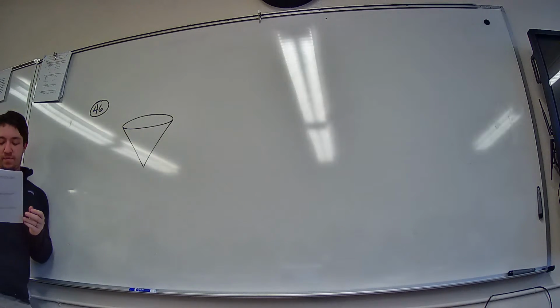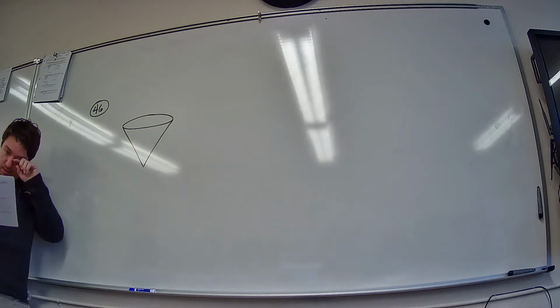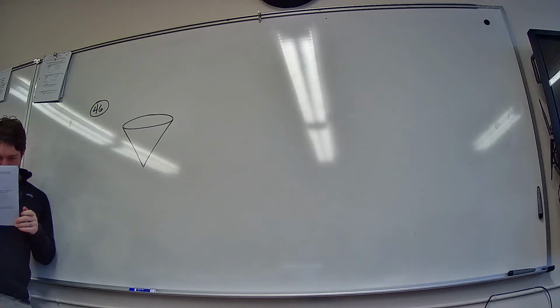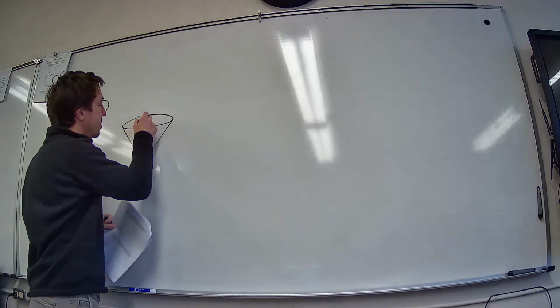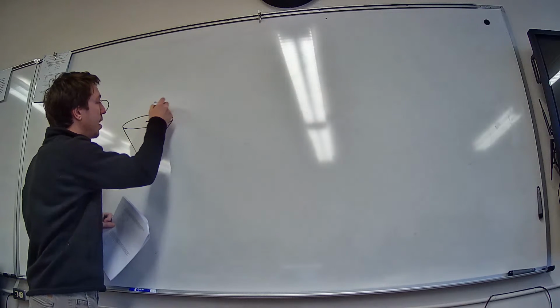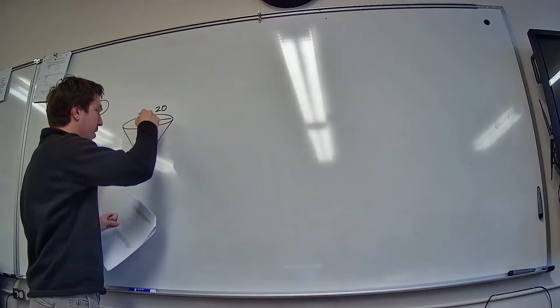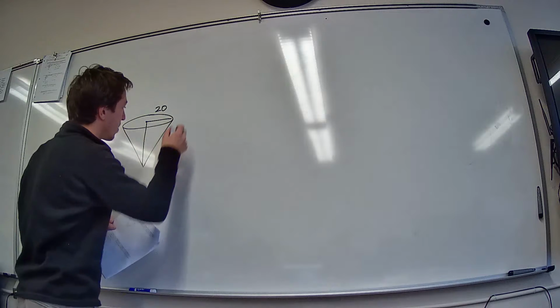Okay. So, number 46, it says, consider a conical container of radius 20 and height 40.